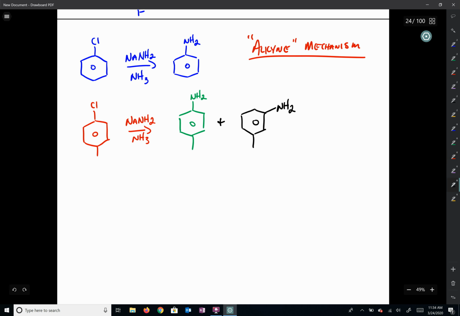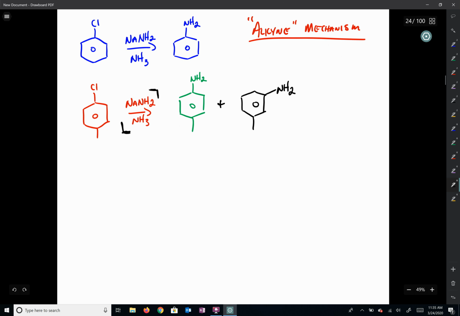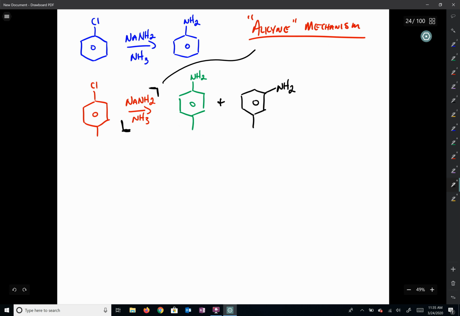Now, what I would do here is ask you guys to go through and take a look at our reagent setup. Where have we seen sodium amide and ammonia before? And I'll give you a hint, it's up there. Sodium amide and ammonia is a very powerful base, and we've seen it used in the past where we can form alkynes, where we do two subsequent eliminations of a vicinal or a geminal dihalide, and we can form an alkyne from there.